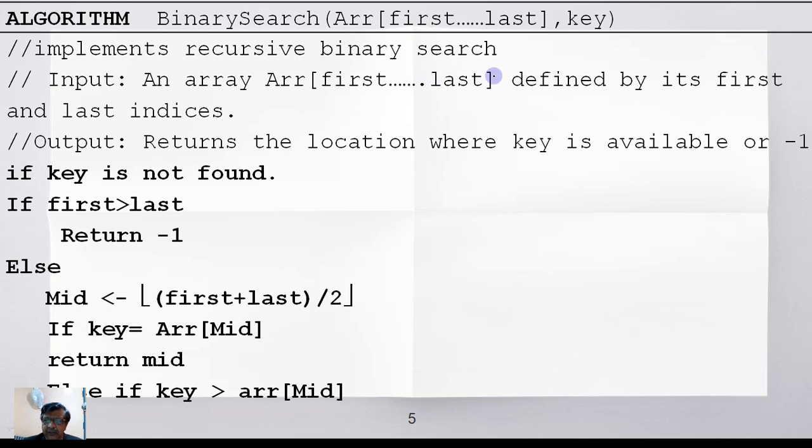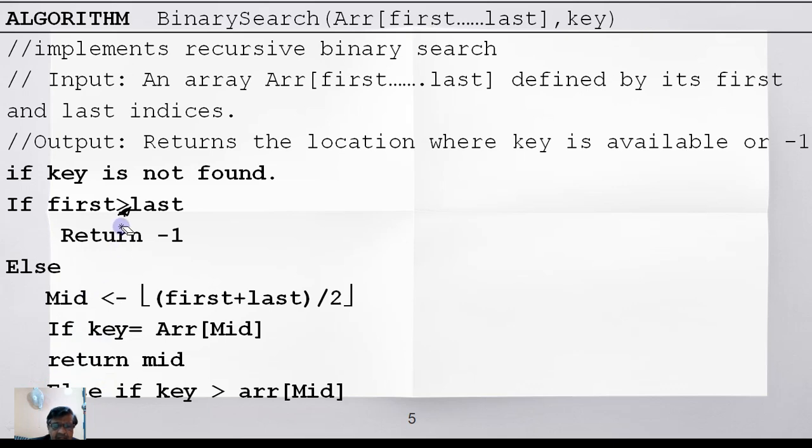It implements recursive binary search. Input: an array defined by its first and last indices, and it returns the location where key is available, or -1 if key is not found. If first is greater than or equal to last, I should have written it like this, greater than or equal to last, return -1. Yes, this is correct. It should return -1 if this condition comes true.